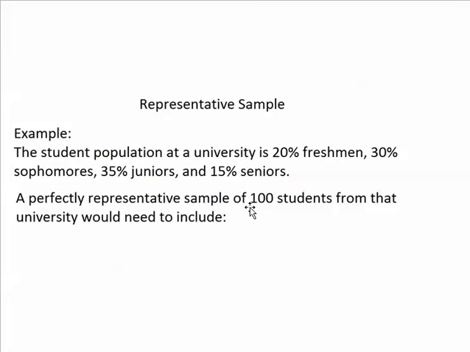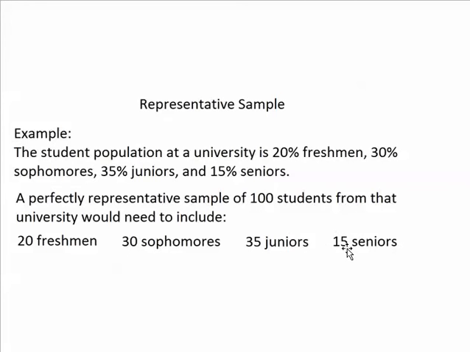If the sample happens to have 100 students, then the sample would have to have 20 freshmen, because that's 20% of the sample. It would have to have 30 sophomores, because that's 30% of the sample. 35 juniors would be 35% of this sample, and 15 seniors would be 15% of the sample.